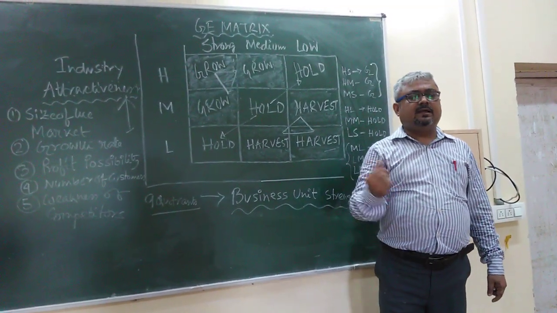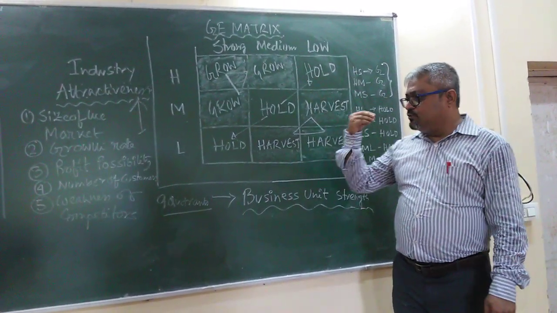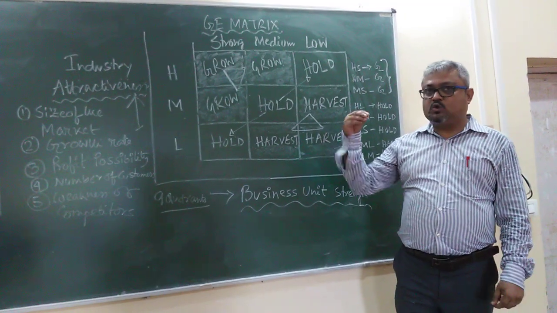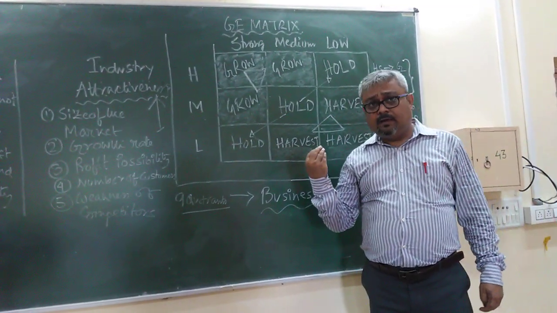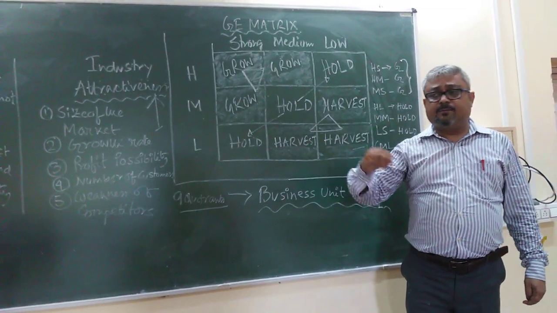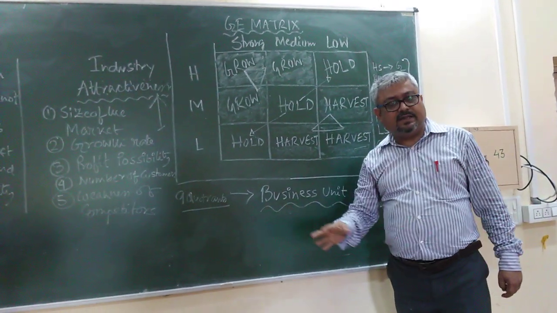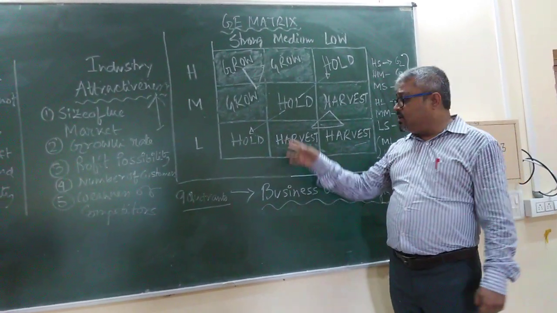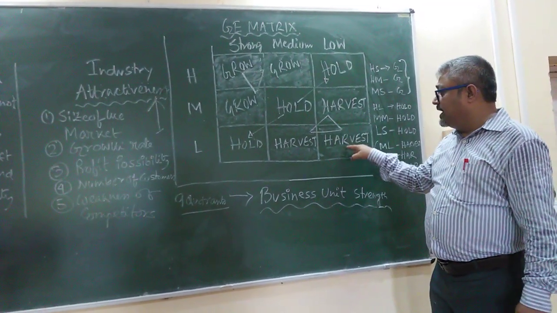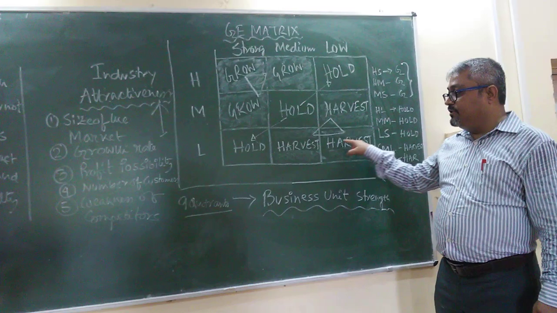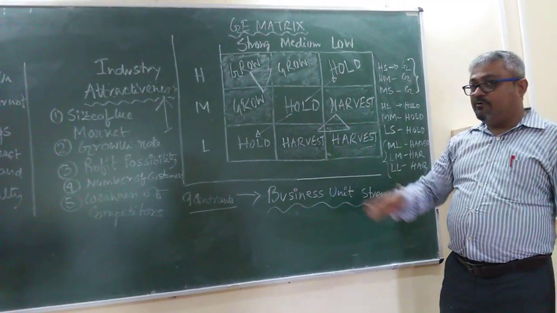I can cite that a company has sold its tuberculosis division. Someone has sold its electronics division. Some companies have sold their entire vaccine division. Some companies have sold their entire cosmetic division. That means it is not at all lucrative for them. In future, the profitability is not so high.